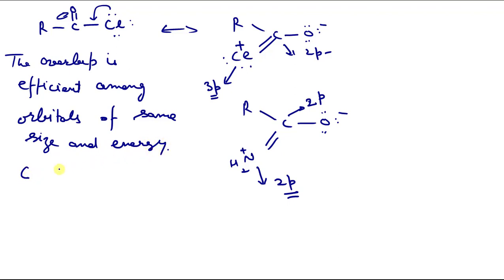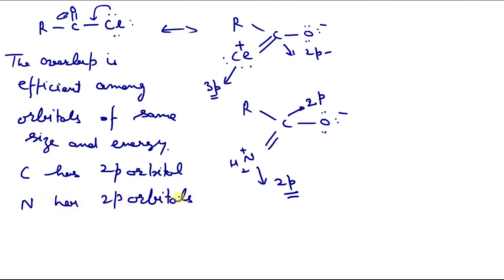A carbon has 2p orbital. Nitrogen also has 2p orbital as its valence orbital, and the lone pair of electrons is present in 2p orbital, whereas in case of chlorine the lone pair is in 3p orbital.